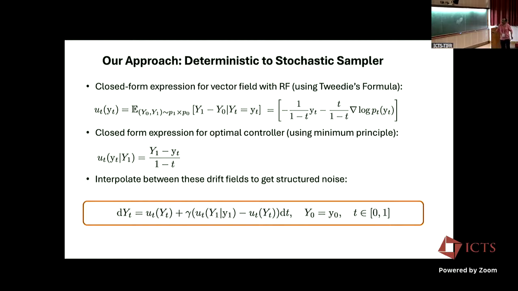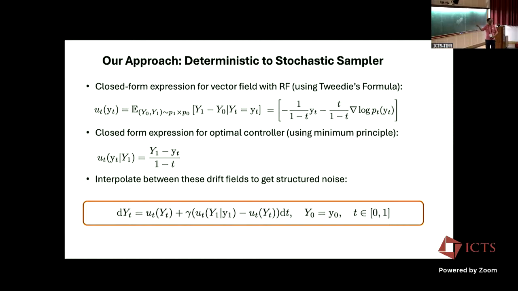The optimal control we talked about, I was being very dismissive of it. It's actually very simple. There's a closed form solution for it, which is exactly this. If you want to pull towards y1 and you're at yt, look at the difference divided by 1 minus t. As you get close to 1, you make the strength very large, and when you're further away, it isn't.